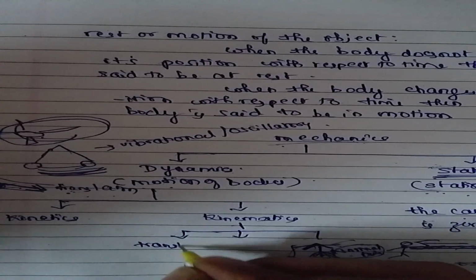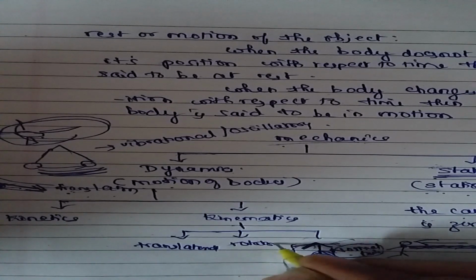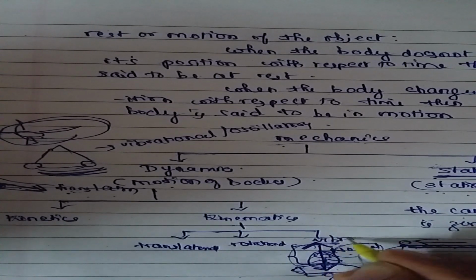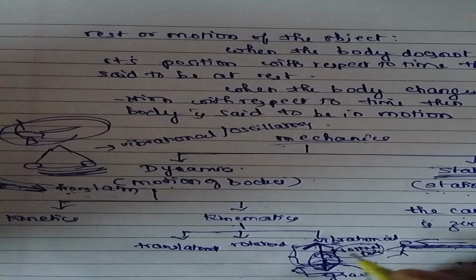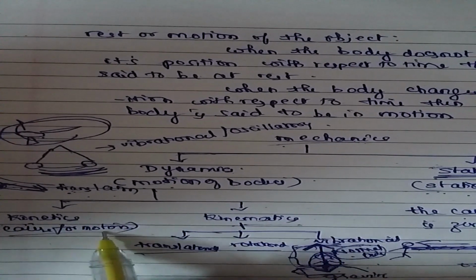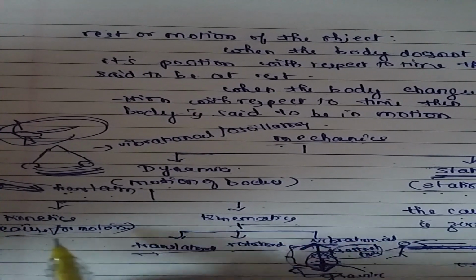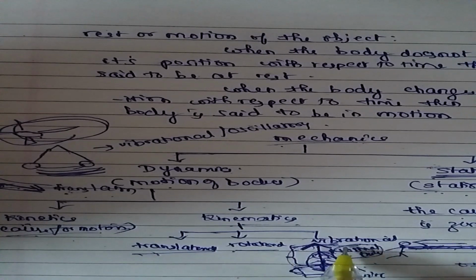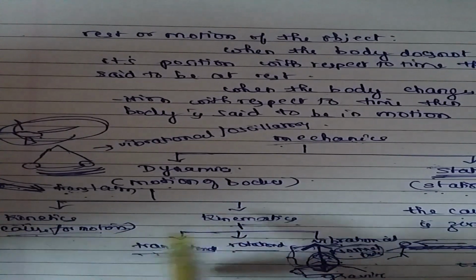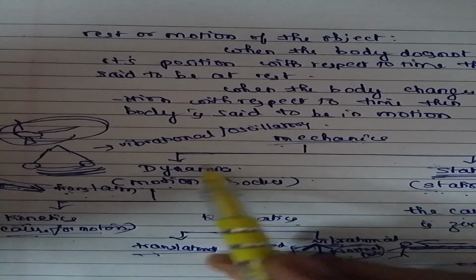The types in kinematics are translational, rotational and vibrational. These are the types of motion that we study in kinematics. In kinetics we deal with the cause of this translational motion, the cause of this rotational motion, and the cause of this vibrational motion. That we study under the branch of kinetics.